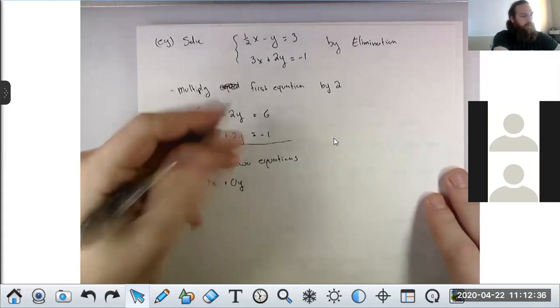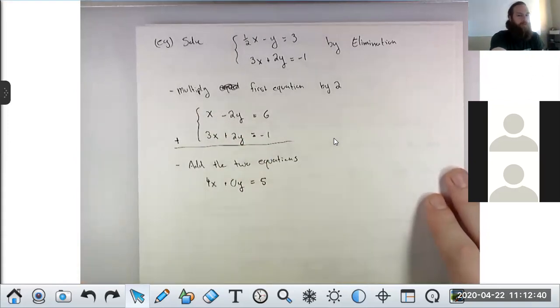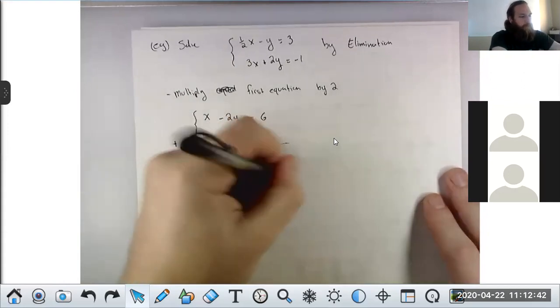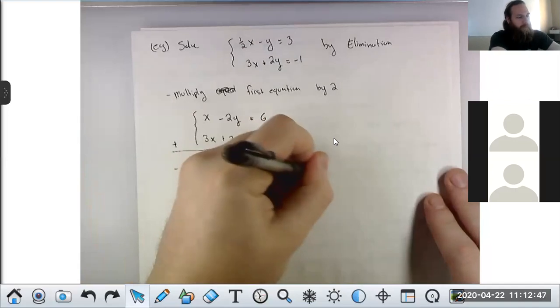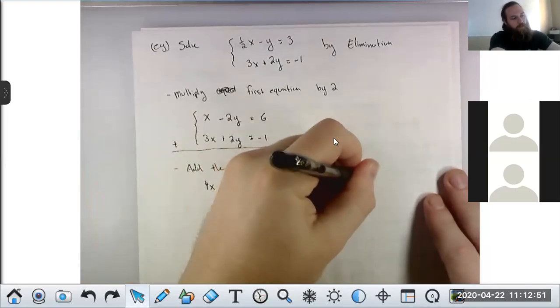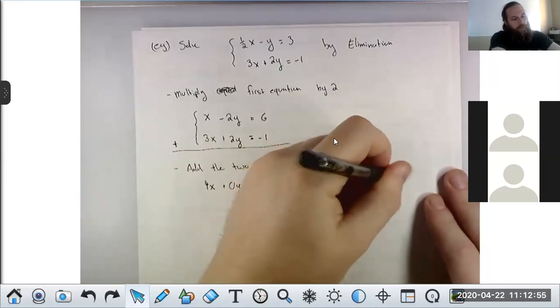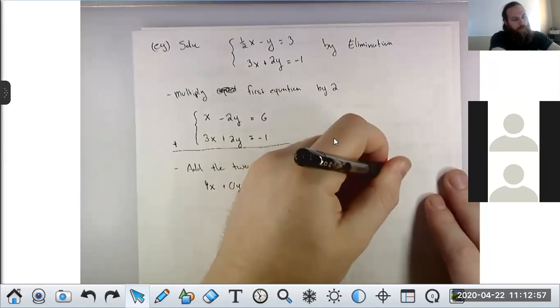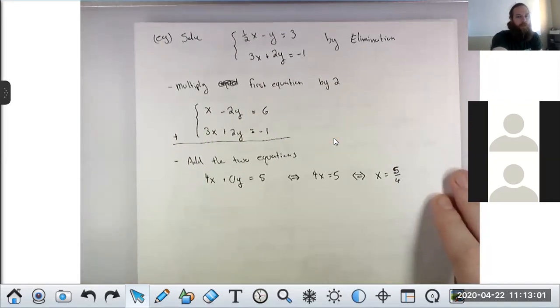And 6 plus -1 is 5. So in other words, I have here 4x equals 5, which means x is 5/4. So just like that, I get the x-coordinate of my solution point.